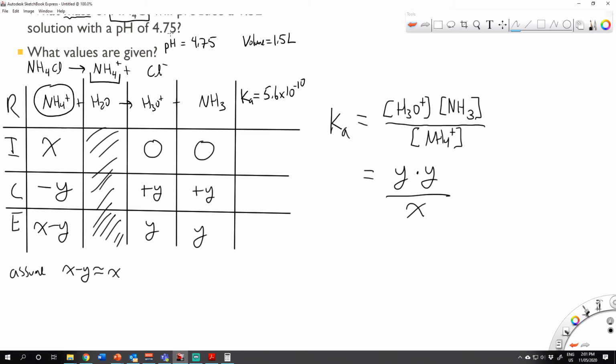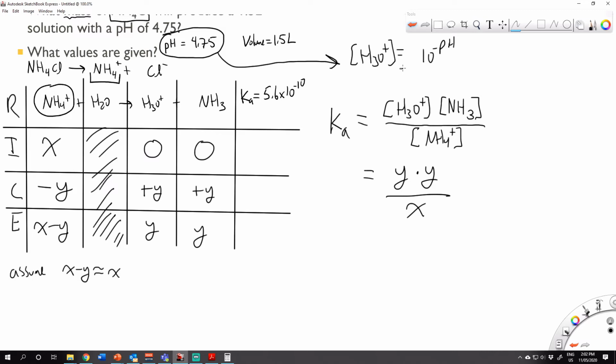There we go. And by now, hopefully you guys have realized that yes, we actually can calculate one of the unknown variables, because much like the previous example, we are given the pH. So if we are given the pH, we can then calculate the concentration of H3O+ as 10 to the negative pH.